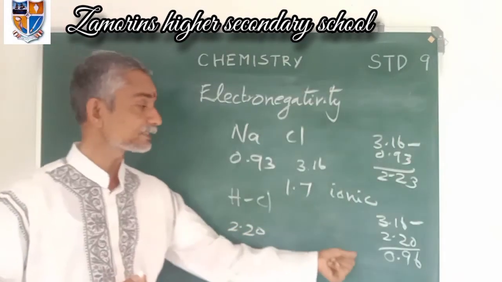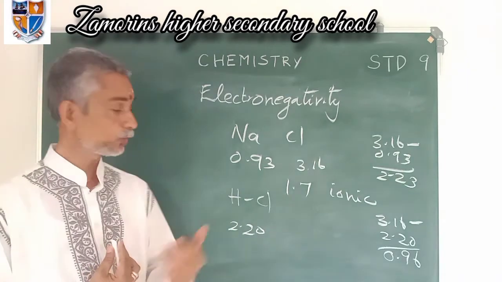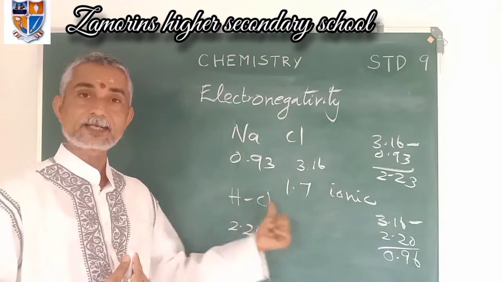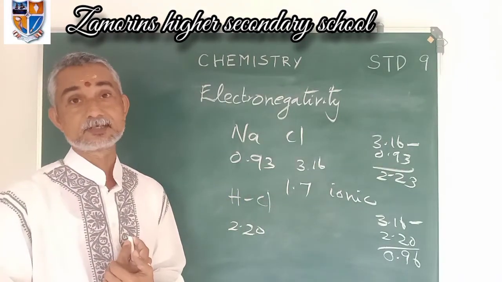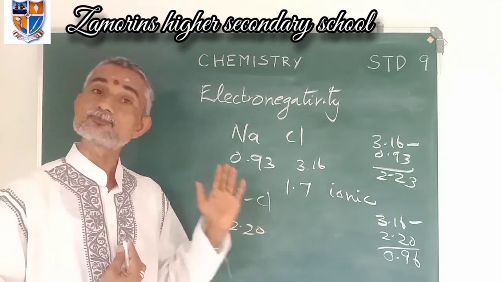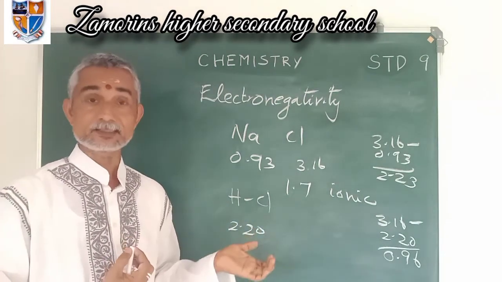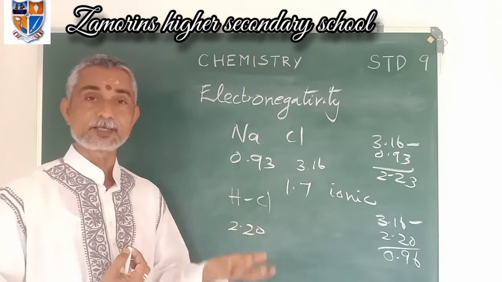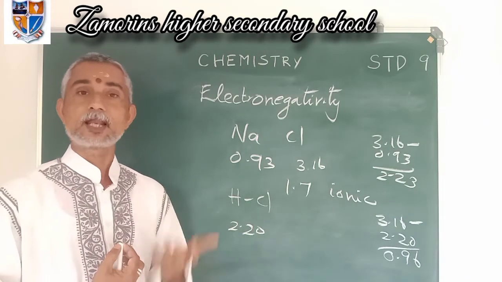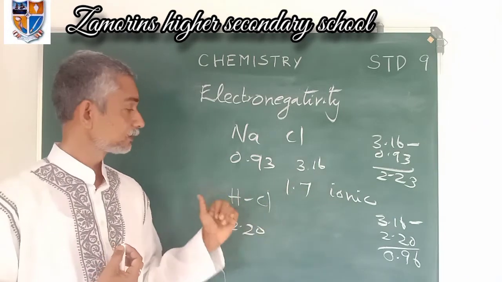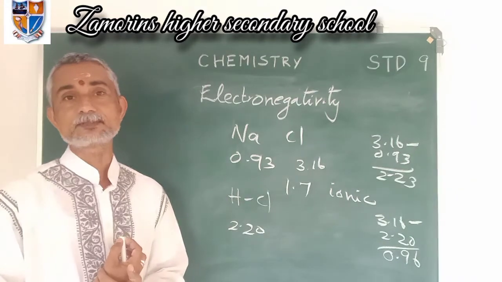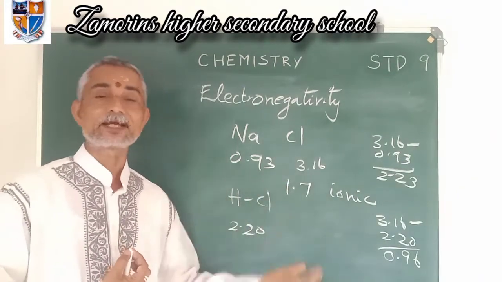See here, the difference is less than 1.7. So, in the case of hydrogen chloride, a covalent bond is formed. Like HCl, HBr, HF, in all these cases, a covalent bond is formed, judging by the electronegativity.